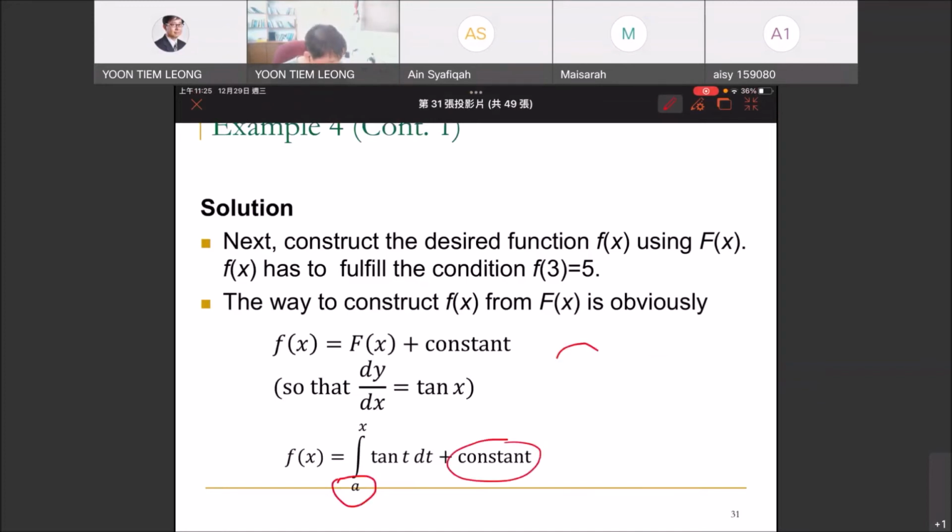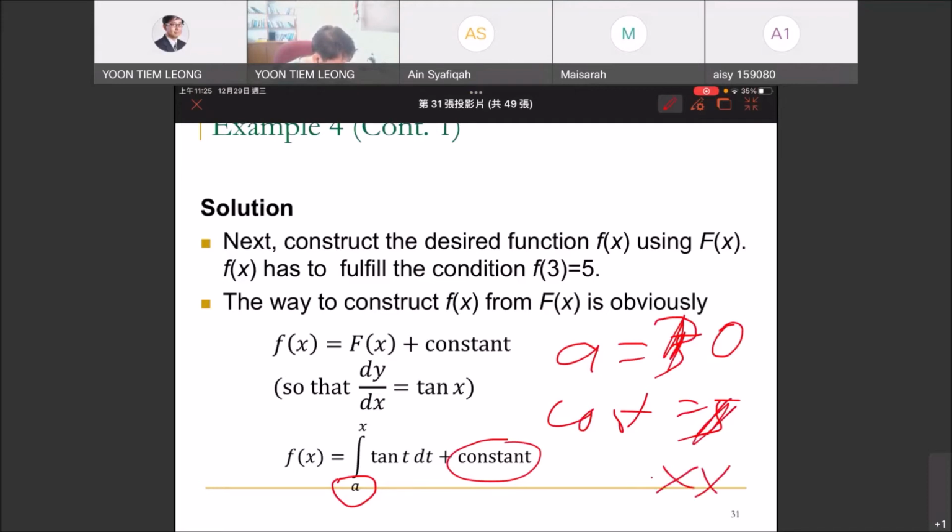So a equals 3 and constant equals 5 would give you a solution. But if I choose a to be 0, the constant will be some other number. You have to perform an integration of the tangent from 0 to 3 in order to determine the constant, right? So it's up to you, right?